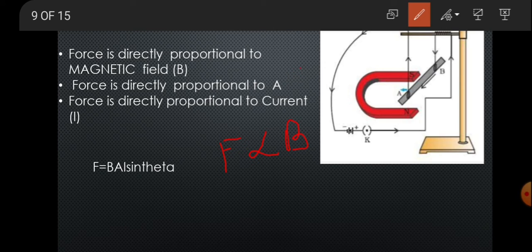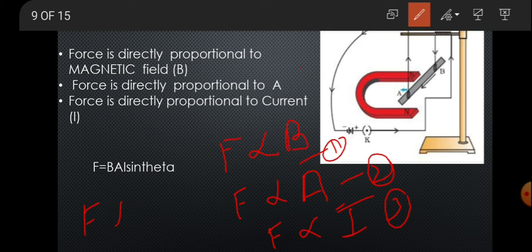If we increase the value of the magnetic field, the force increases. If we increase the area, the force also increases. And third, it is directly proportional to I. According to these three relations, F is directly proportional to BIA. So the result is F equals BIA sin theta.